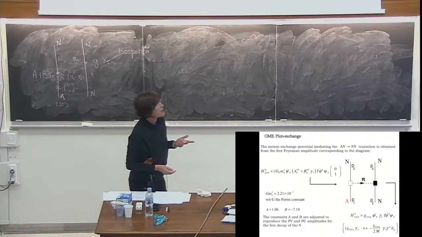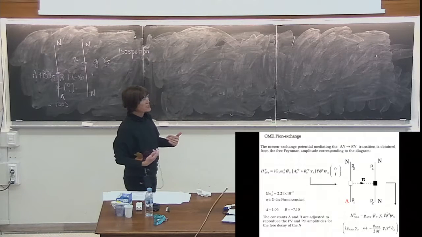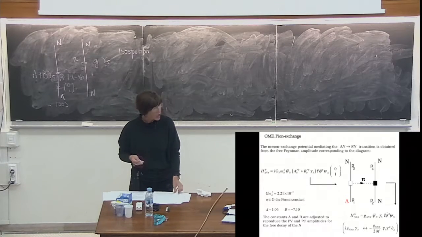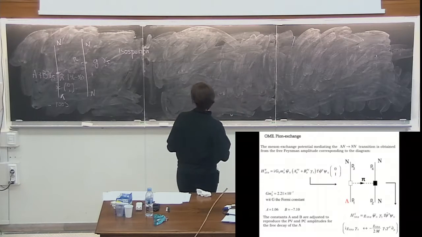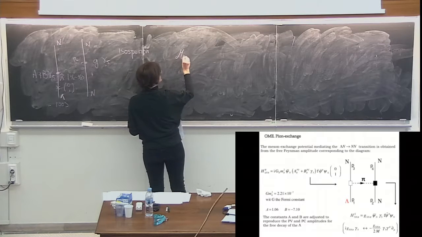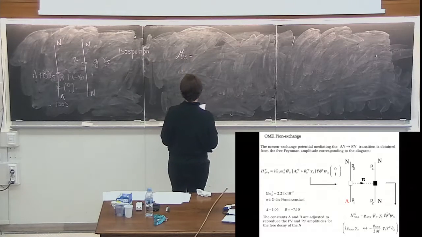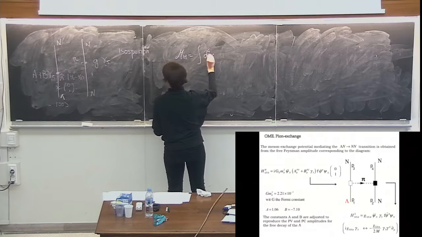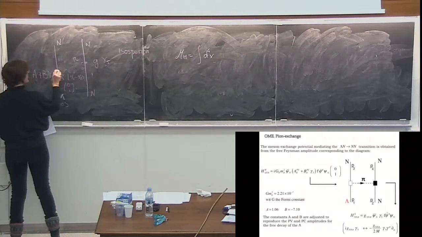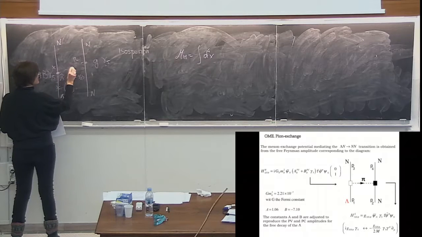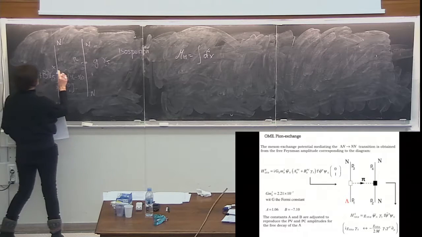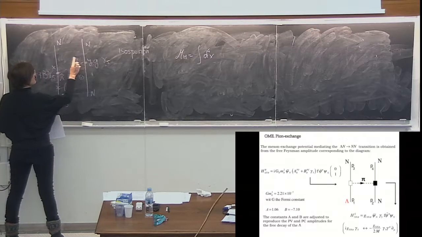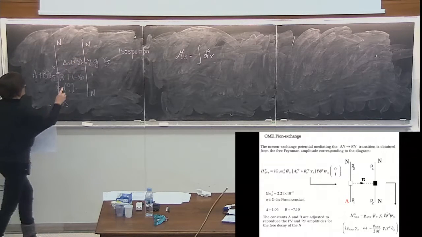Actually, when you want to obtain the potential, you have to start from the expression of the Feynman amplitude corresponding to any diagram that has this shape. Just to make things clear, you have here the position x. Can you see from the back? Okay. This is x. This is y. This is the pion propagator.